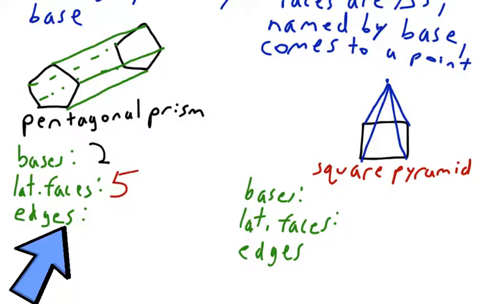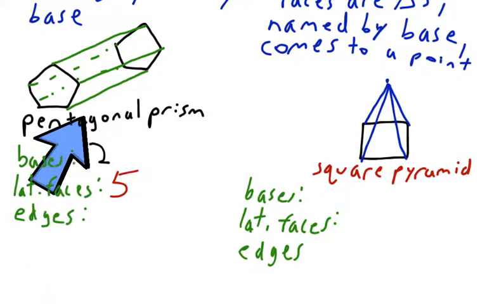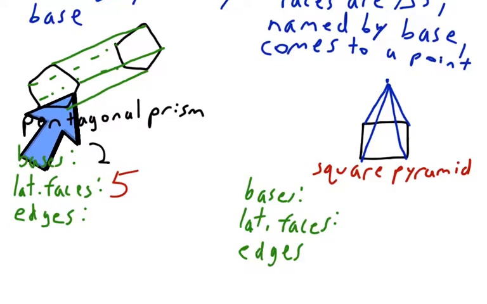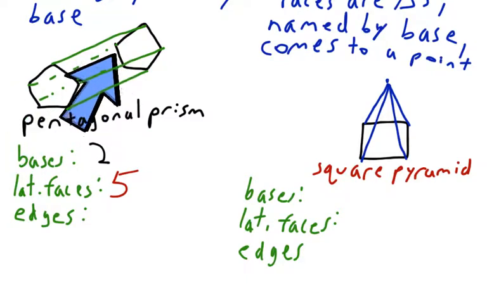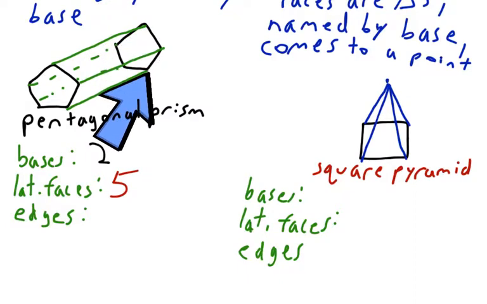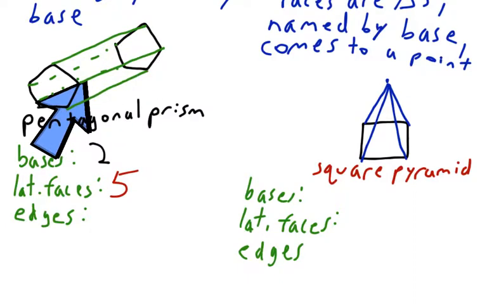So from this side we have this rectangle, there's 1. There's 2, there's 3, there's 4 behind us that we can't see, and there's 5 on the bottom. So really you just have 1 rectangle coming out from each side. So the trick is just count the number of sides of your base. So that would be 5. And then your number of edges, well let's look. We have 5 edges on our base. 5 edges on this base, so there's a total of 10. And then we just count the number of connections that are made.